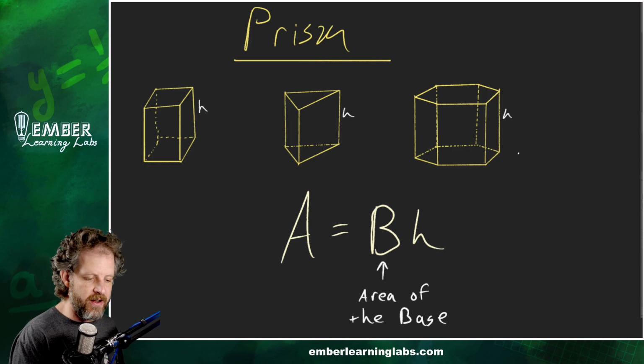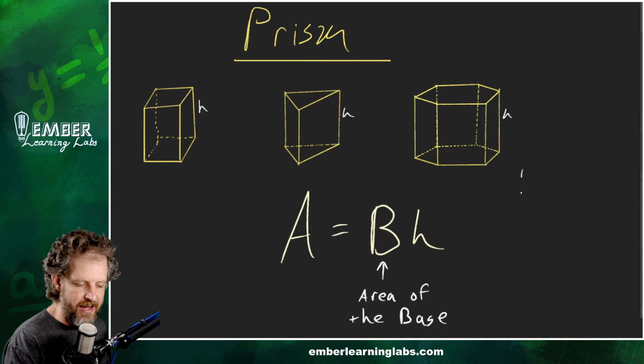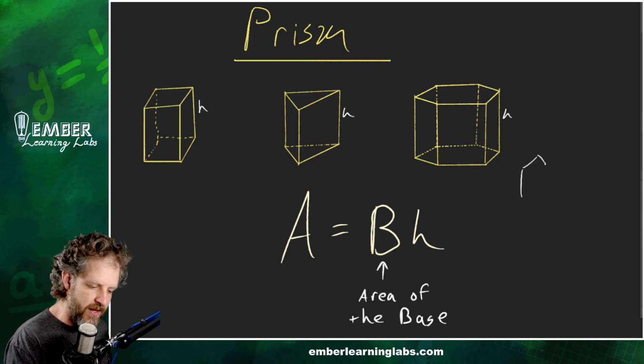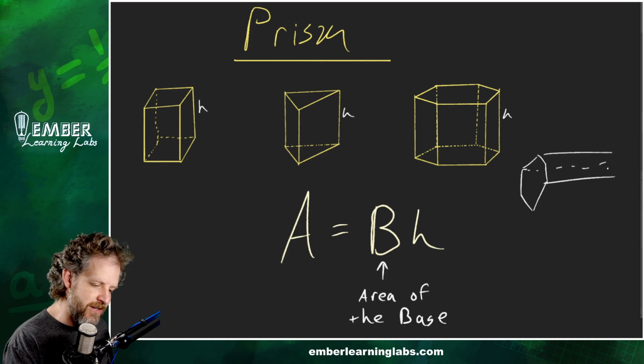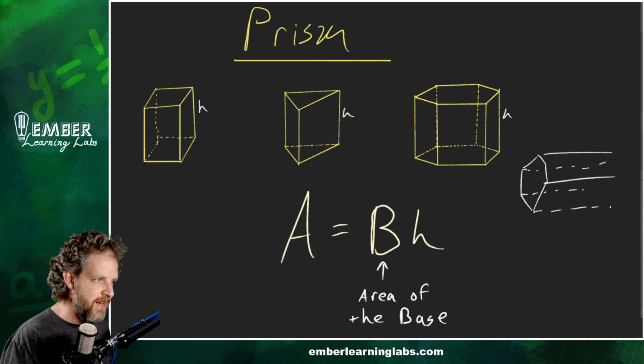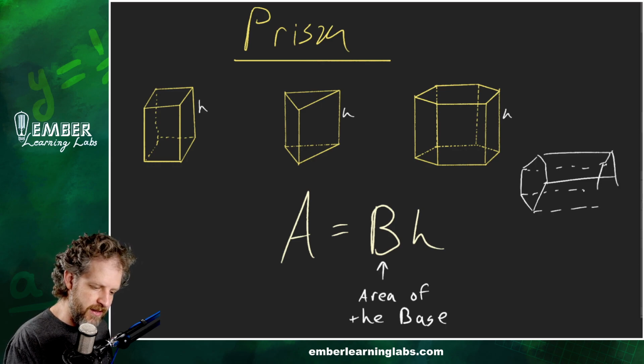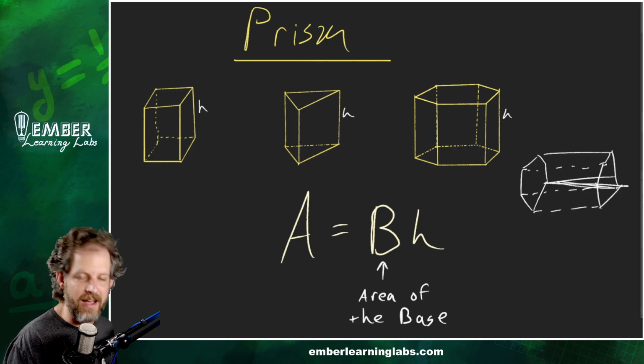Even if you turn it on its side, and we had a hexagonal prism, I'll draw a rough sketch here, something like this, where the hexagon is lying on its side. I ended up with more sides than I needed, but you get it.